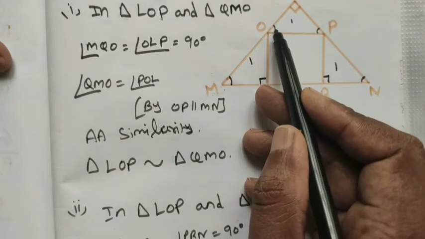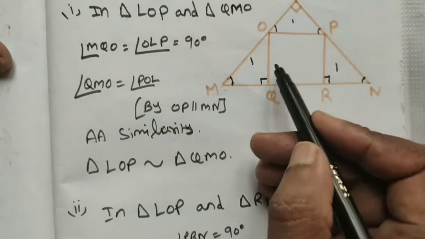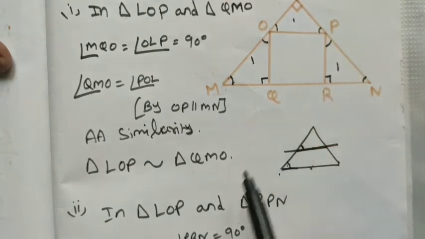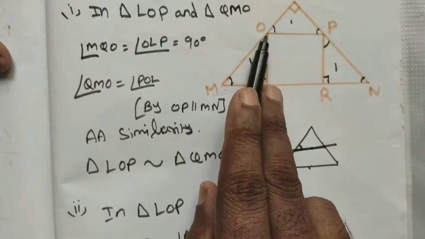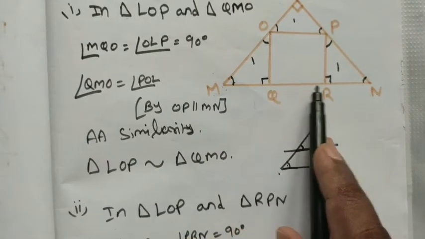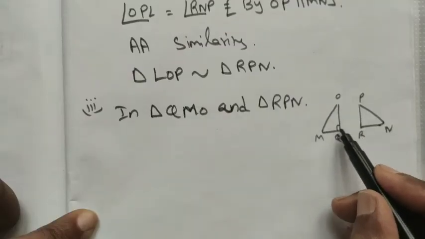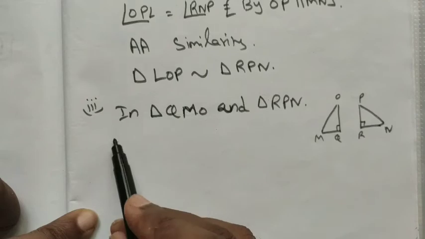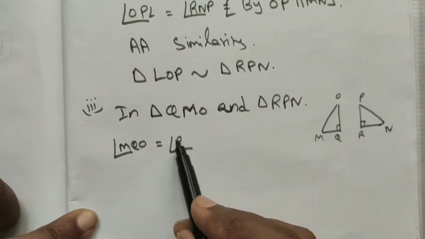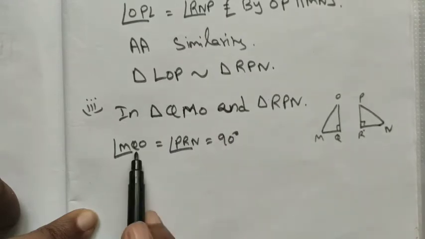This angle is equal to this angle by the condition that OP is parallel to MN. So first condition: angle MQO is equal to angle PRN, equal to 90 degrees. R is 90, Q is 90, right?